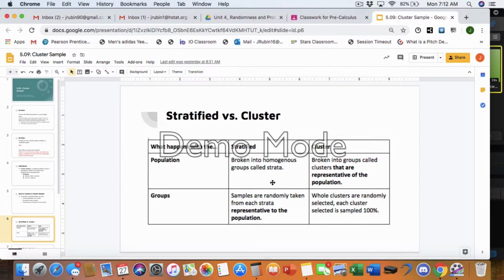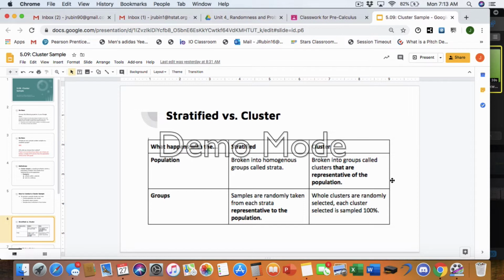Stratified may break all the students in that district into groups that make sense because they're singular in some characteristic. So you may break them into grade levels. Then all the sophomores in the district, all the juniors, all the seniors, all the freshmen. Those would be your four groups.